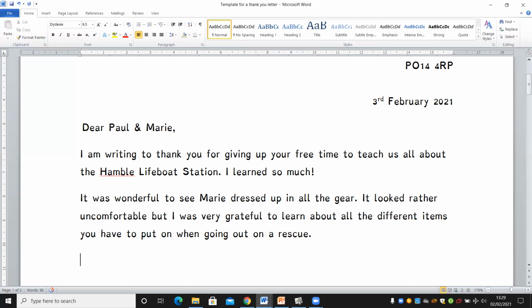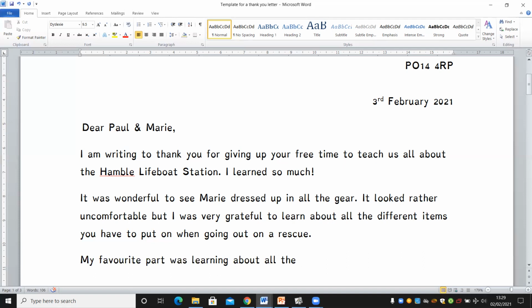What could my next paragraph be about? It could be about what my favorite part was. I'm sure both Paul and Marie would love to know what it is that you as children enjoyed the most. So here you can tell them what you really, really enjoyed. So I'm going to write my favorite part was, and let me think, what did I really like? I know, was learning about all the different.